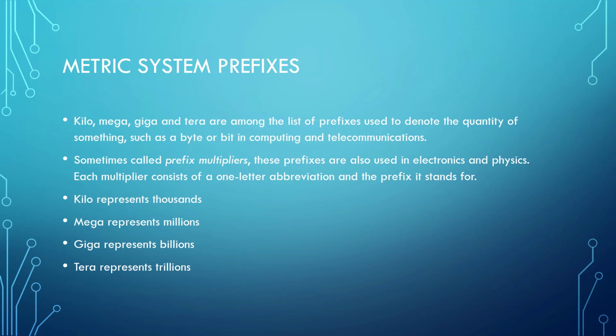And we know a byte has 8 bits. So already you're beginning to understand this. There could be 15 MB, megabytes, which would be 15 million bytes. And then giga and tera.